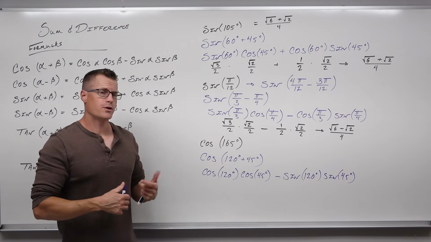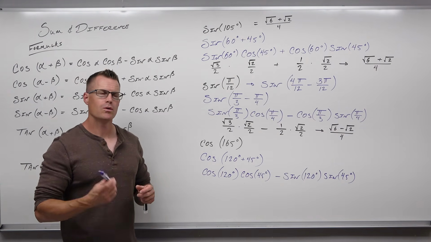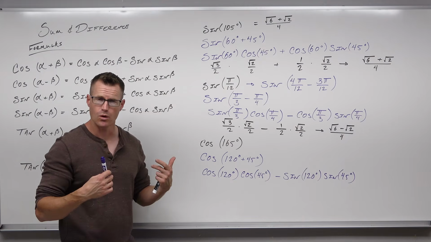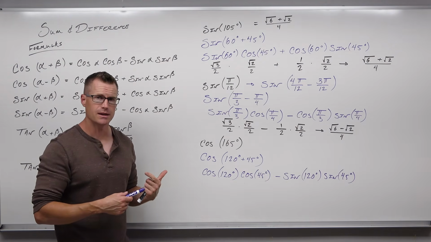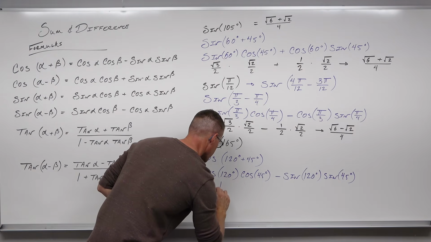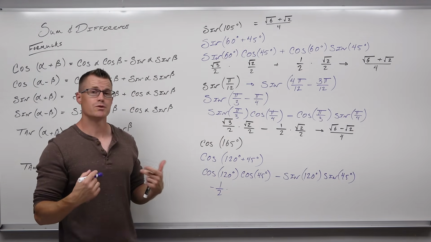Thankfully, those are all on our unit circle. So we're going to take a look and go, okay, cosine of 120 degrees. Well, that is past 90 degrees. That's in your second quadrant, so cosine is going to end up being negative, and that's going to be negative 1/2. Cosine of 45 degrees is square root 2 over 2.